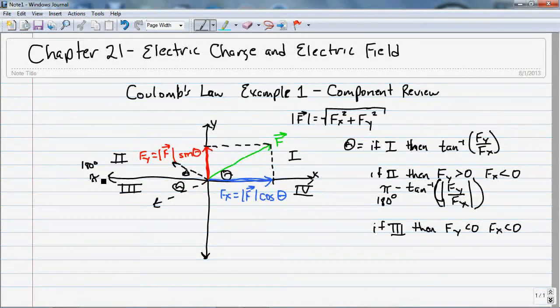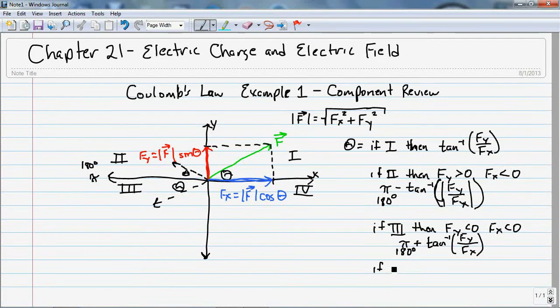And that's just going to be pi plus the arctangent. And because both of them are negative, I don't have to worry about the absolute value sign. Of course, absolute value you can do anytime. It's not going to matter because whether the number is positive or negative, it'll always give us a positive. And again, I can do 180 degrees.